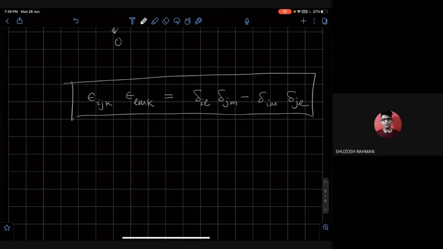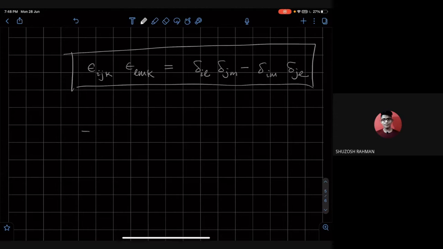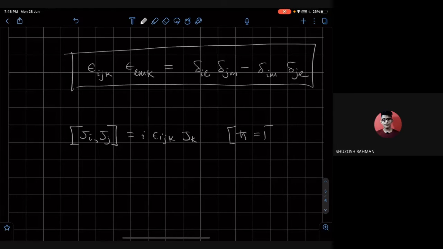Okay, so let's start with the angular momentum algebra again. J_i and J_j. The commutator is i epsilon_ijk J_k, where we are using units in which h bar is 1. Okay, so if h bar weren't 1, there would be a factor of h bar on the right-hand side.